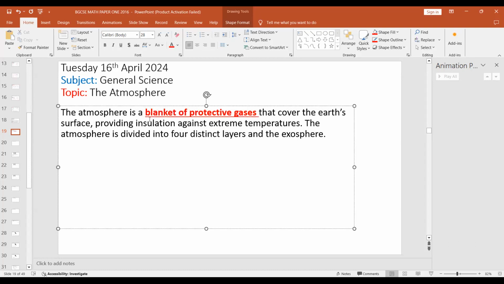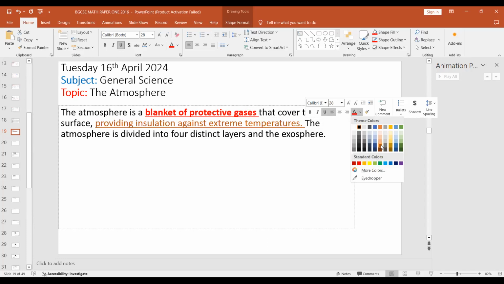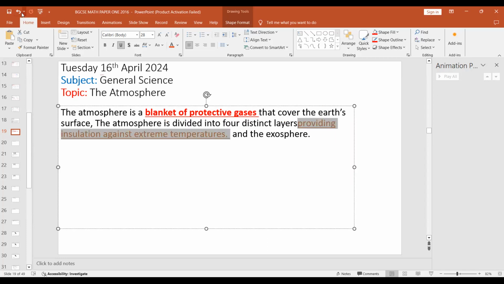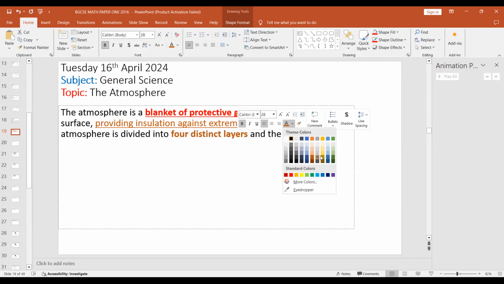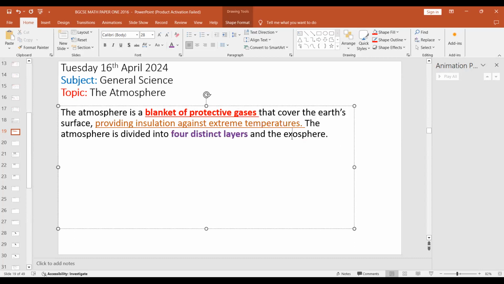That's our shield from the hot sun. In a way, it does act as a protection. There are 4, and that's exactly what it says, providing insulation against extreme temperatures, right? So you could look at it as a shield, you know. So there are 4 distinct layers of the atmosphere, and then we have the exosphere.